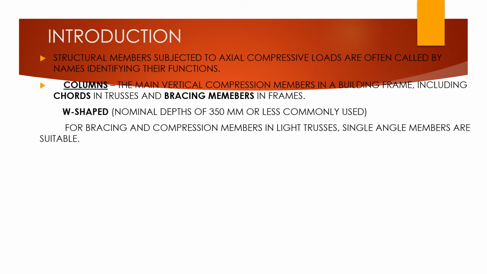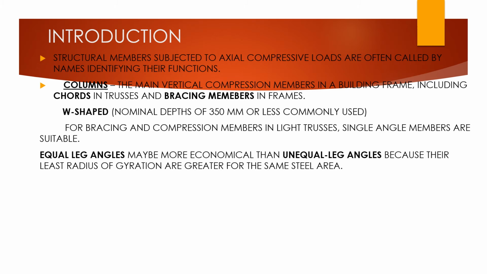For bracing and compression members in light trusses, single angle members are suitable. However, equal leg angles may be more economical than unequal leg angles because their least radius of gyration is greater for the same steel area.